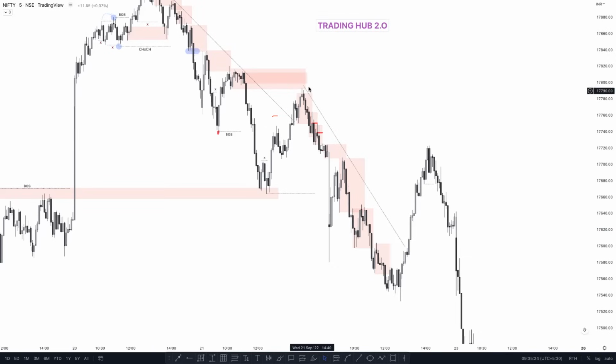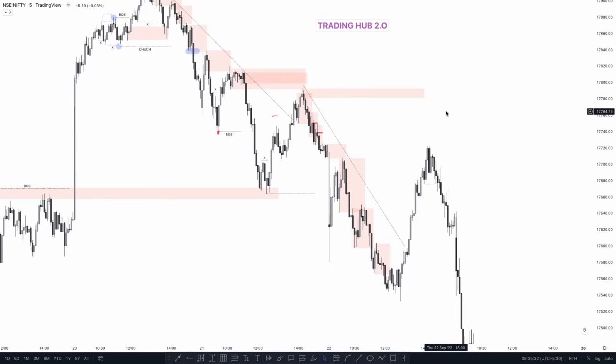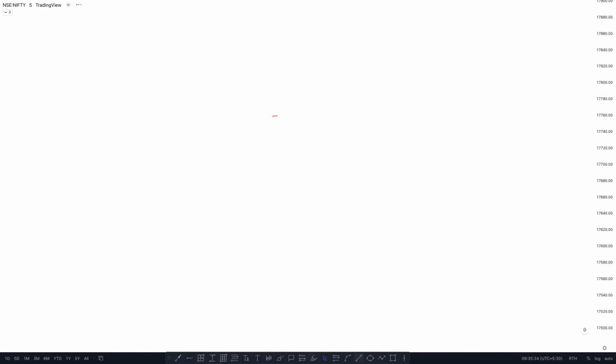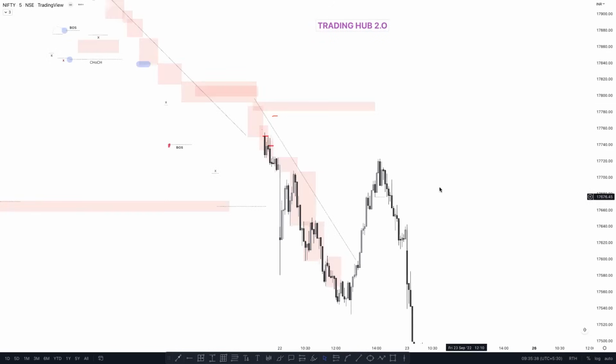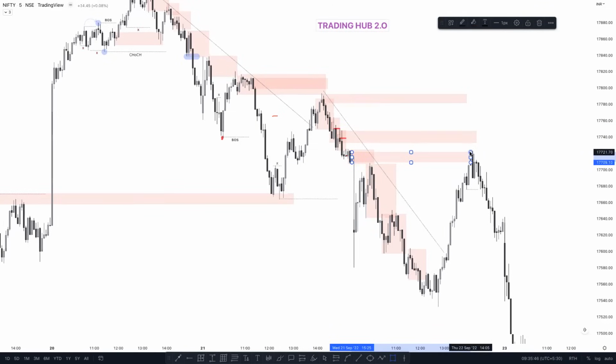If you look from top to bottom, there are a lot of order blocks here. The first one is here, right? The second one here, and then this order block is here slightly, and this one is mitigated, and this one is mitigated.